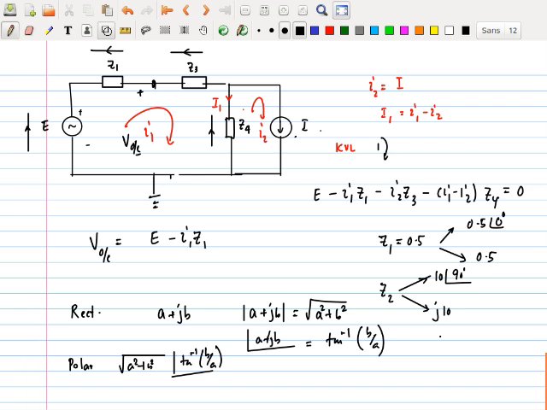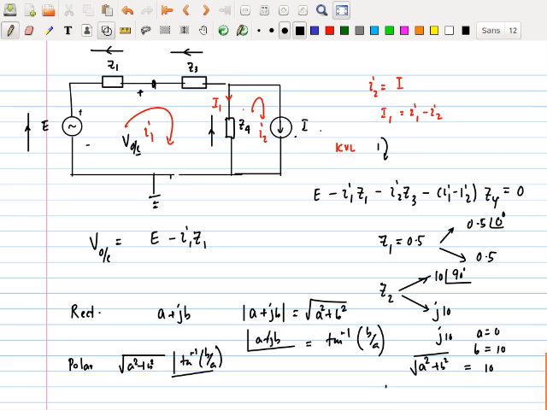Now, if I take J of 10, you realize A is equal to 0 and B is equal to 10. So if you take the root of A squared plus B squared, you're going to get what? A squared is 0, B squared is 100, so it's going to be 10. That's why I got 10 here.